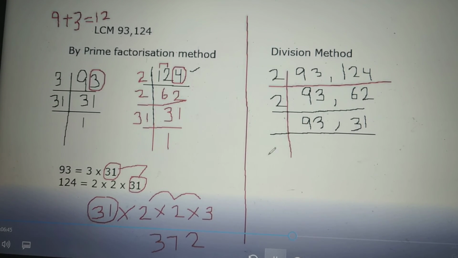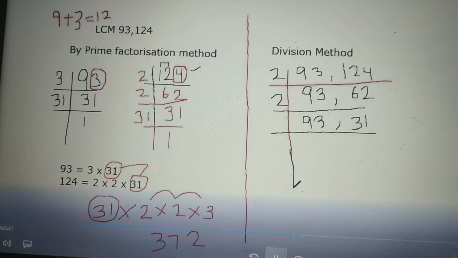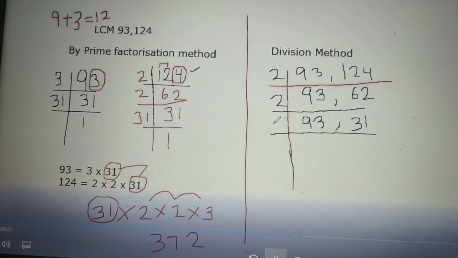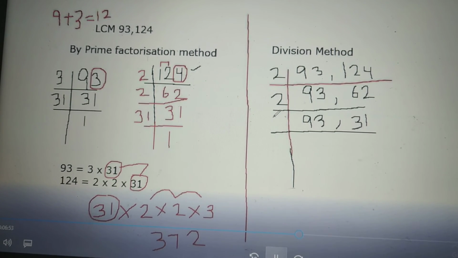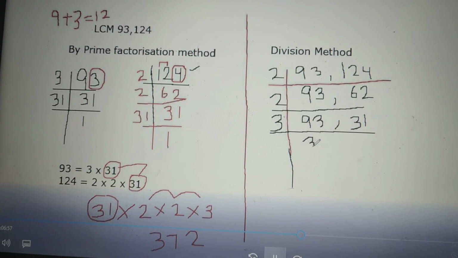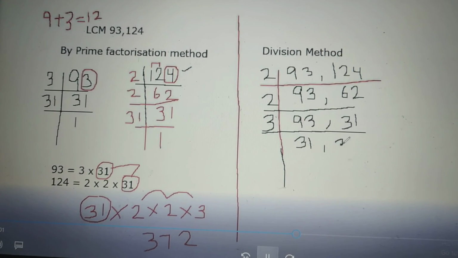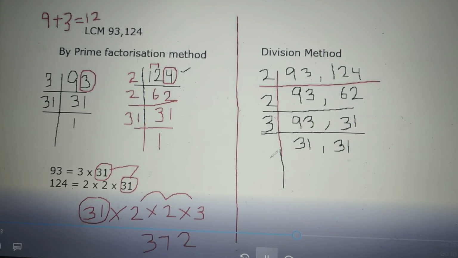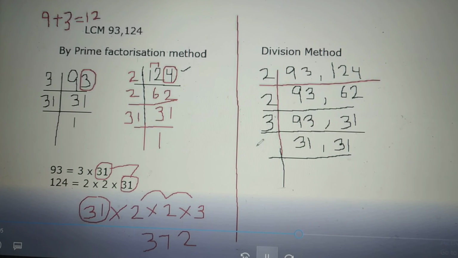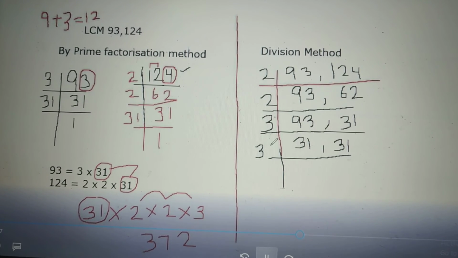Now 31 is a prime number, I can't do anything with that. So now I will start dividing 93. I know 93 comes in the table of 3. 3 3s are 9, 3 1s are 3, and this is also 31. Now I will divide this number by 31 and I will get 1, 1.